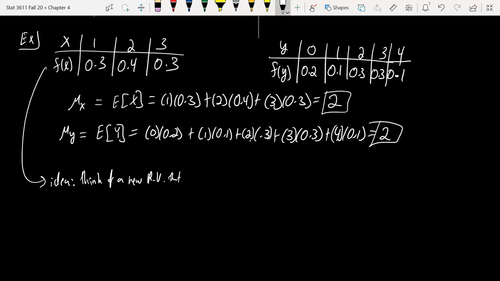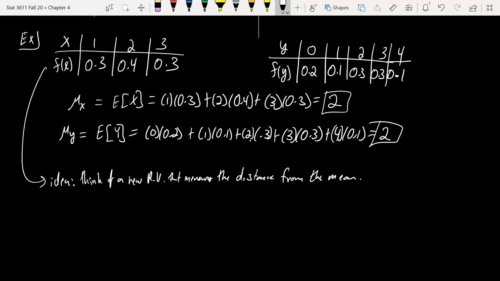Think of a random variable that measures the distance from the mean.